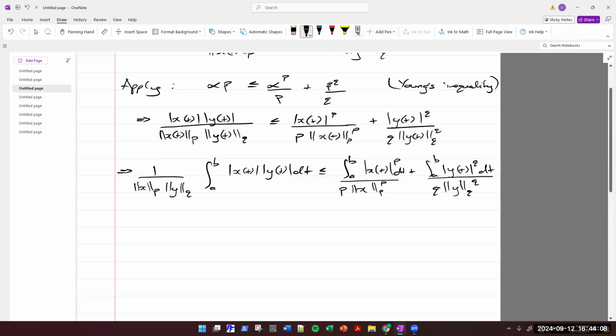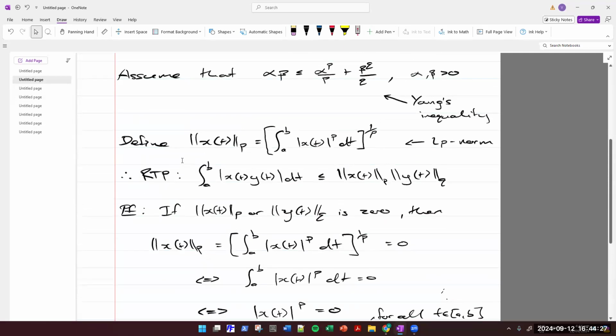All right, and now we just need to observe, for example, what is this? The integral from a to b of the modulus of x to the power of p dt. This part here is just the norm of x to the power of p. Right? So what I have in that numerator is just this term. There's no 1 over p. So it's just this term.